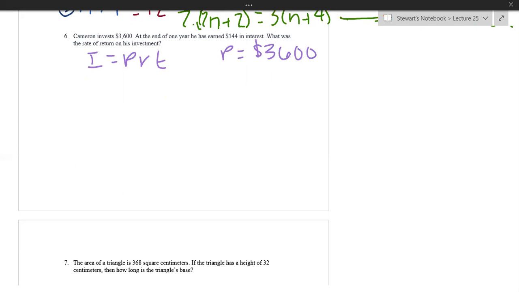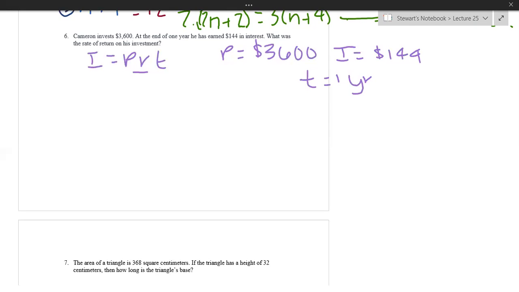Says at the end of 1 year, he has earned $144 in interest. So they also gave us the interest. And they also gave us the time because they said after 1 year. So the time is equal to 1 year. And then the only thing that we have left to solve for is the rate.